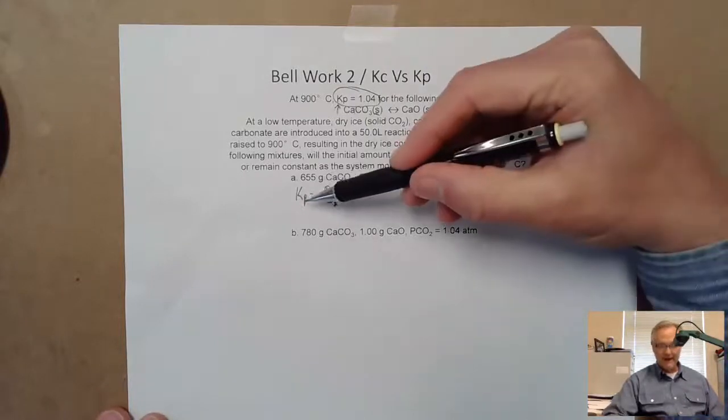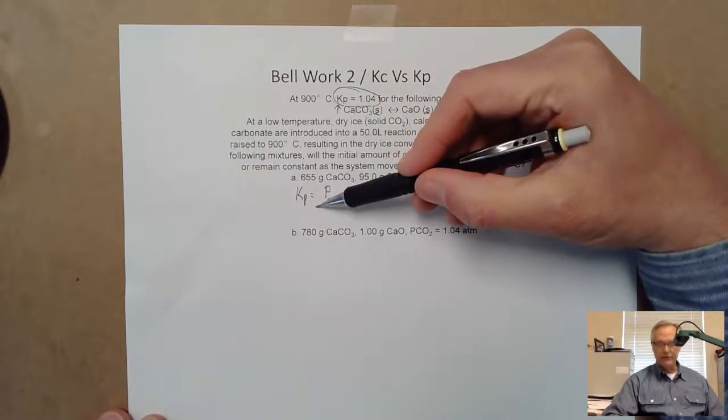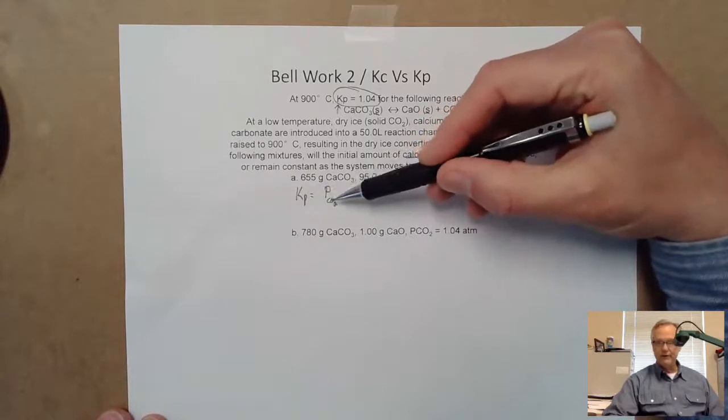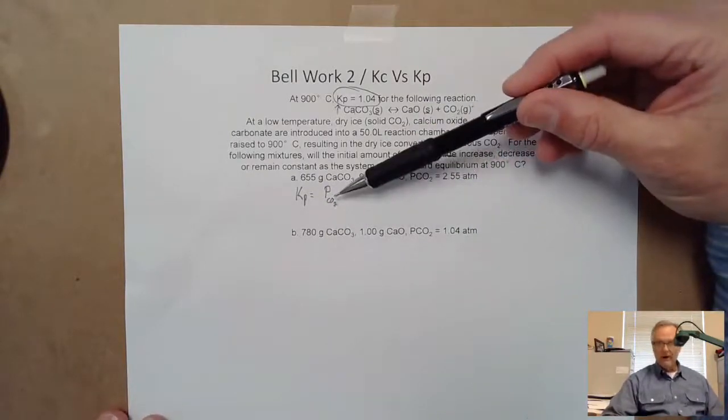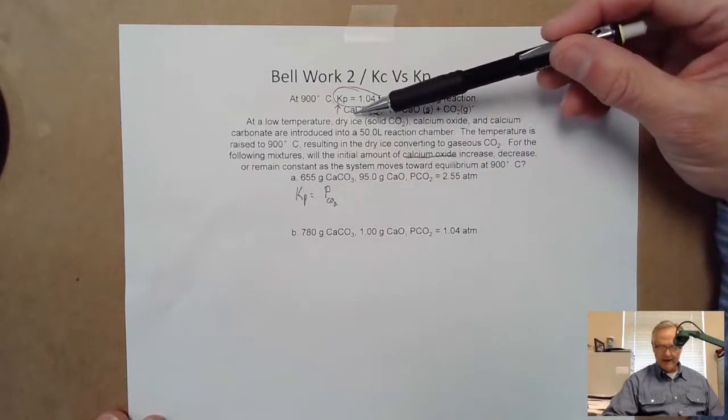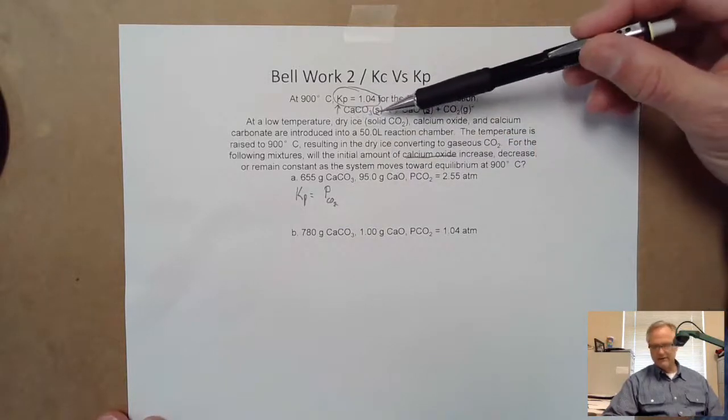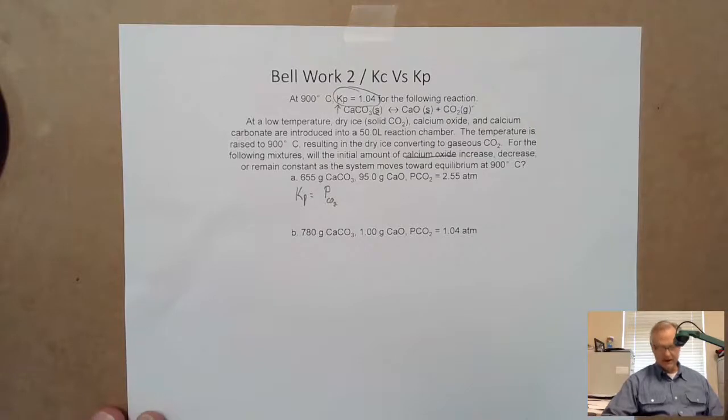So actually my KP is equal to the CO2's pressure. It would be this over the reactants raised to their concentration, but these are solids, so nothing actually comes into play except that CO2.